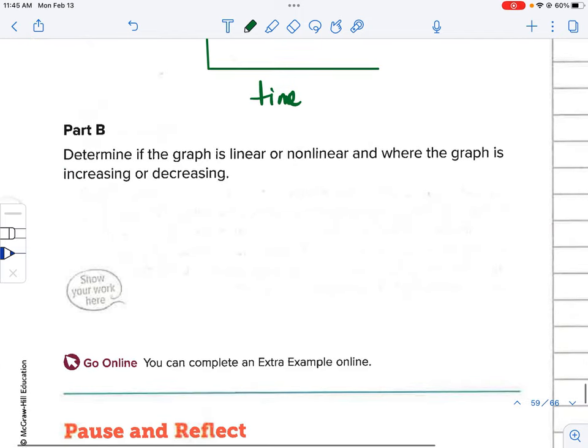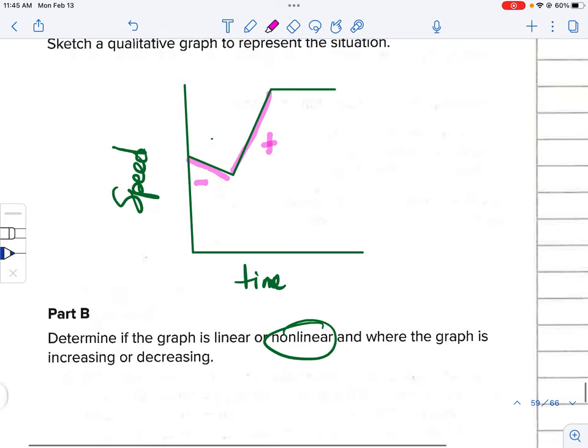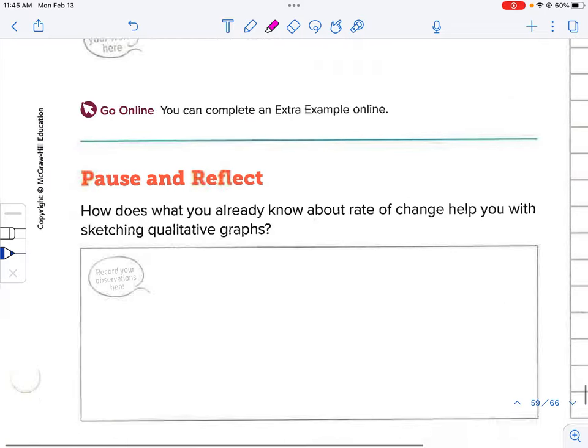Determine if it is linear or nonlinear. It's nonlinear. Okay? So this was decreasing. This was increasing. And this is no change. Okay.